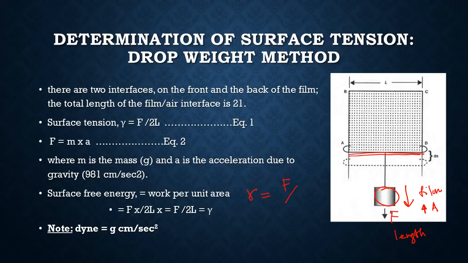The wire has two surfaces, one at the front and one behind, so we have 2L. So surface tension is equal to the force divided by 2L. How do you define F? In Form 5, I guess you learned F equals ma. However, the a here in the drop weight method is gravity, so your surface tension is equal to mg over 2L.